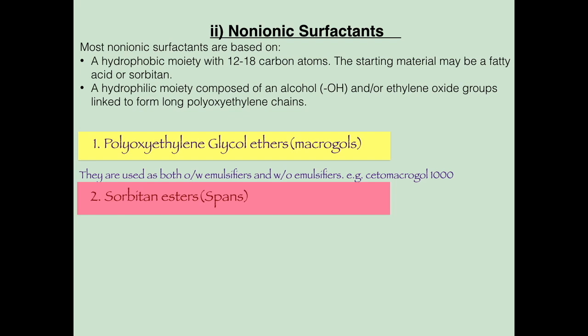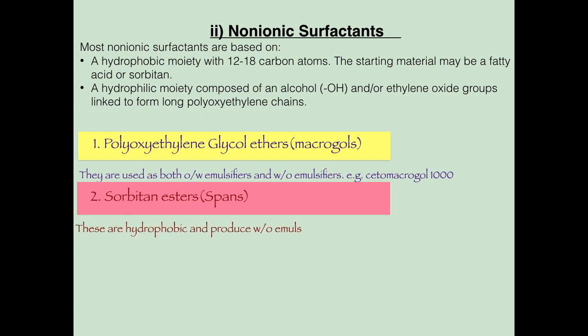Next examples are sorbitol esters, which are widely known as SPANs. These are produced by the esterification of one or more of the hydroxyl groups of sorbitol with a fatty acid. Various fatty acids are combined, resulting in a range of commercial products.